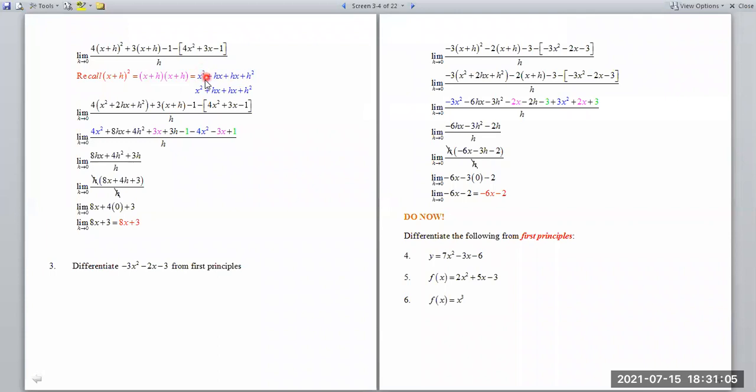The x squared is standalone, I write it back. The h squared is standalone, I write it back. But hx plus hx is 2hx. So let me just change this and put 2hx. That 2hx, I'm going to substitute to get rid of my x plus h all squared, to be x squared plus 2hx plus h squared.